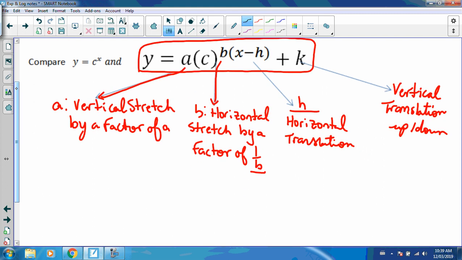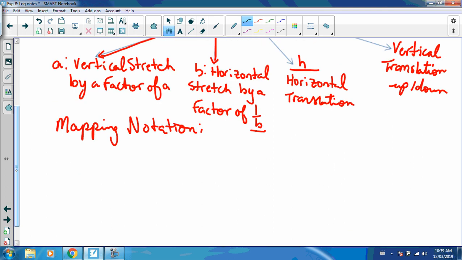Okay, so those are the main ideas, and now let's try and put those into practice. But the other thing that I want to point out when we're drawing a sketch of a transformation is our mapping notation. Remember from our transformations unit that we have the original function and a table of values, with values for x and y.